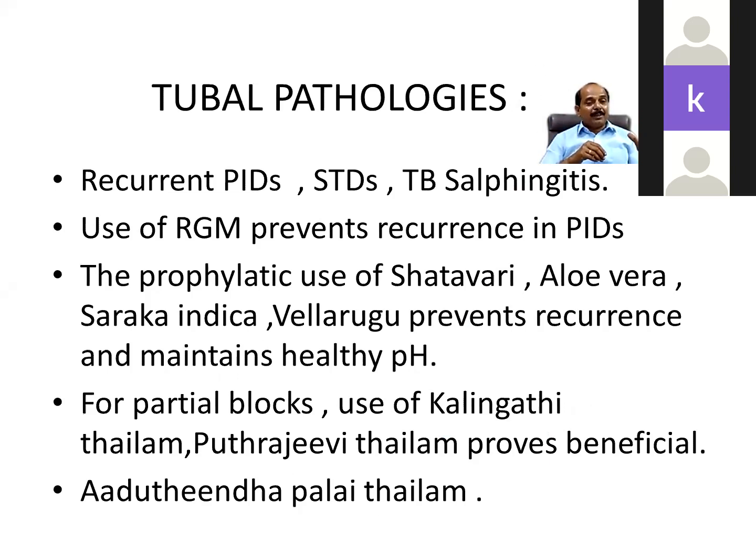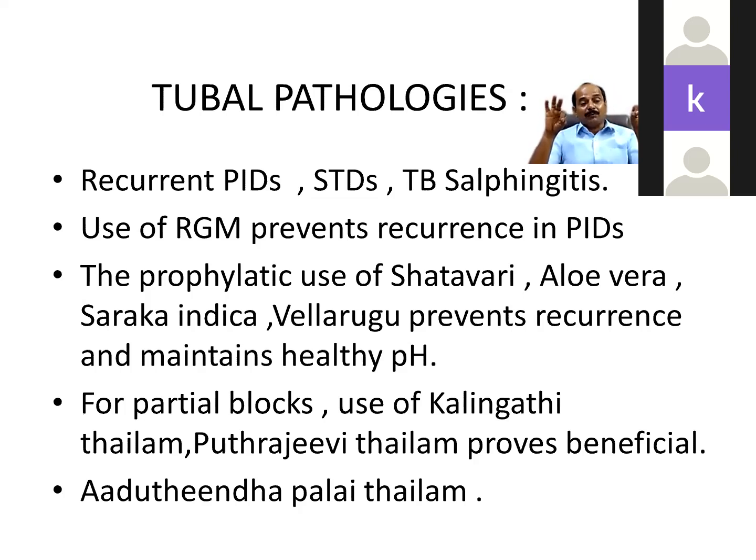Antituberculous treatment is the drug of choice. Though they may get treated, the scar may be there. So the chances of ectopic pregnancy or turbulence in the pathway may be there. There will be folds that may cause the lumen of the tubes to become narrow.